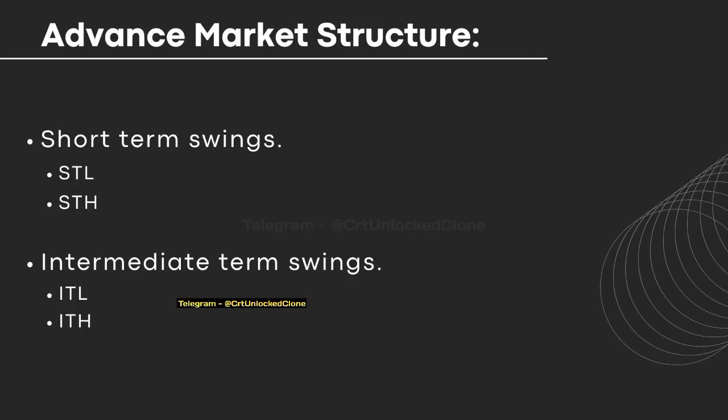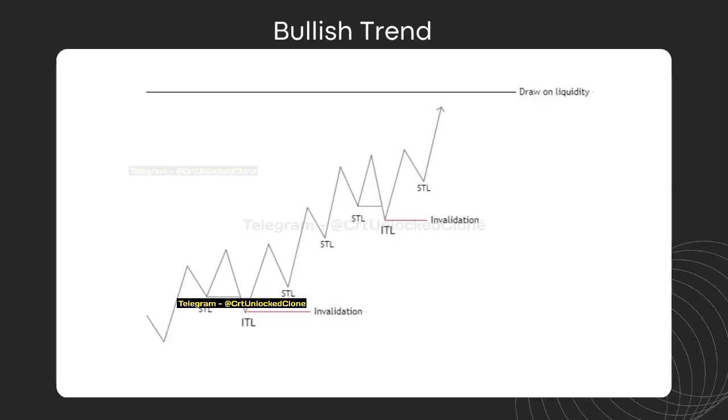But you need to remember that these are the main aspects and key elements which make up advanced market structure. So right here we've got a bullish trend or an uptrend, and our drawn liquidity is higher, right? That's the framework we're working with. We learned that in an uptrend we break above highs and we reject below lows. That's how we accurately and objectively classify market structure into an uptrend, right?